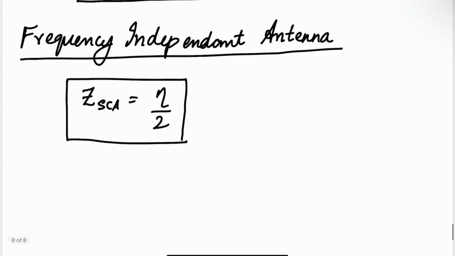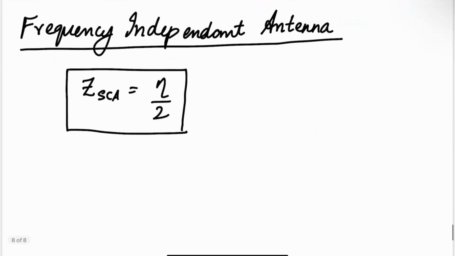No, 189 ohms. Yeah, 189 ohms. So essentially, you can make an antenna that has a very, very broadband performance because eta, of course, is frequency independent, which means that Z would also be frequency independent.